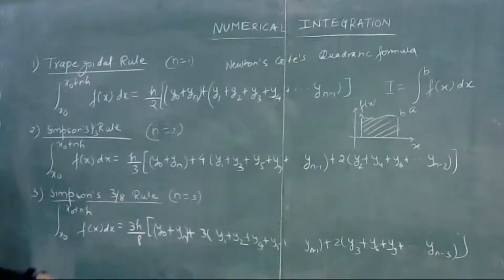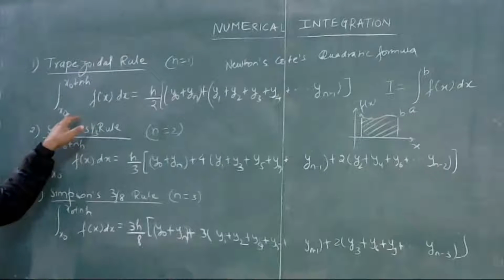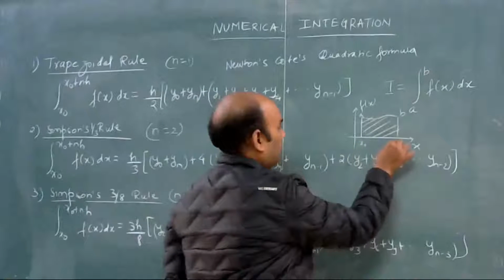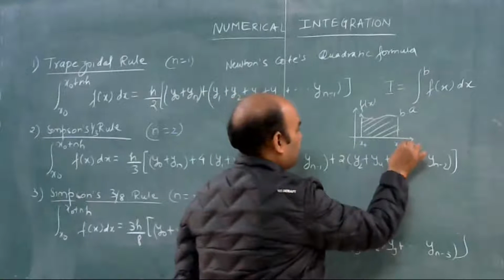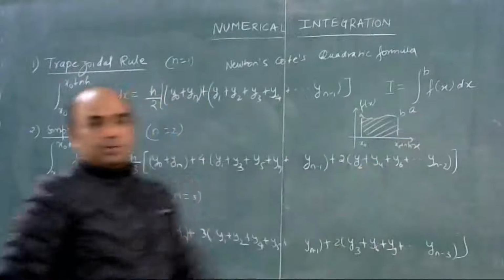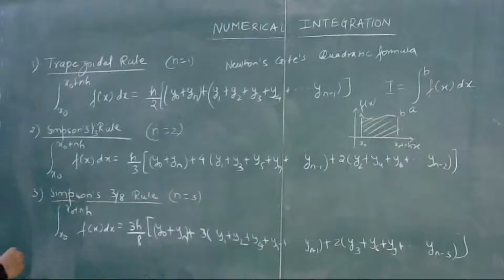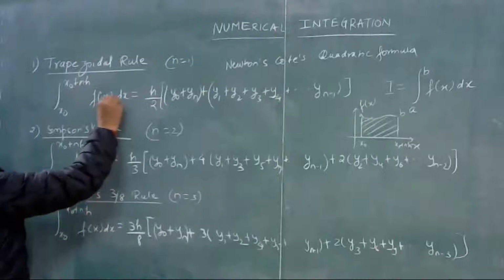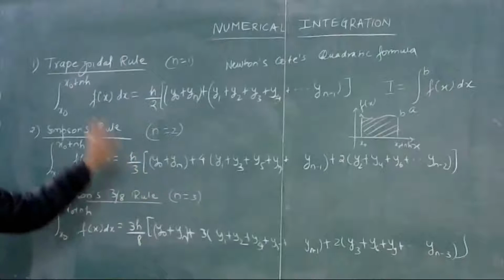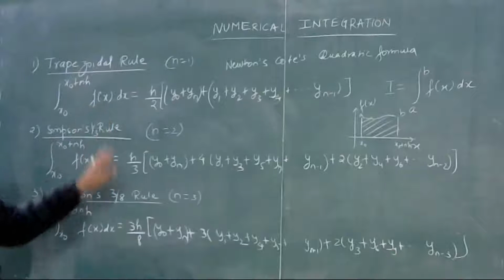So this is the integration from x naught to x naught plus n h. We have taken this as x naught, and this is x naught plus n h, which is xn. So we are integrating from x naught to x naught plus n h, and we have to check where to apply these formulas.